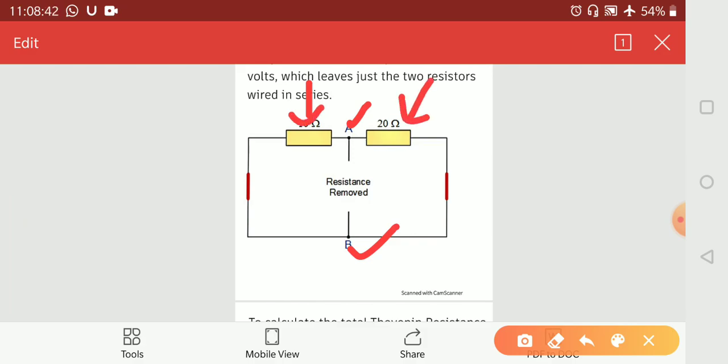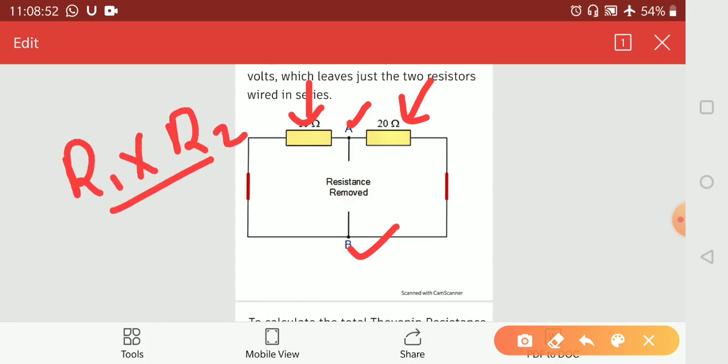So apply the parallel resistance formula: R1 into R2 upon R1 plus R2.